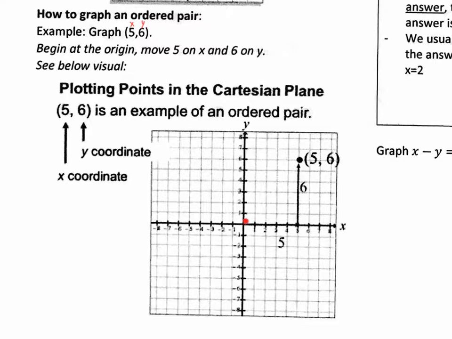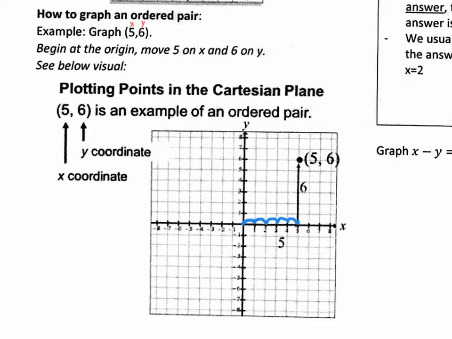From the origin, it's easy to think, I'm going to travel 5 on the x-axis. So go 1, 2, 3, 4, 5. You are right there at the value of 5 on the x. And then the y value is 6, so y goes up and down. Positive 6 would be up here, negative 6 would be down there. From traveling 5 on the x, you're going to go 6 on the y, and you'd get to that location 5, 6.